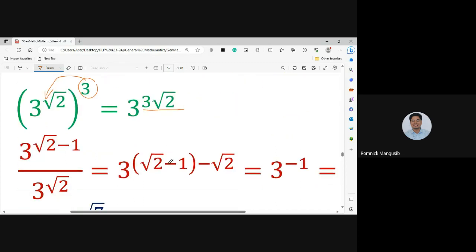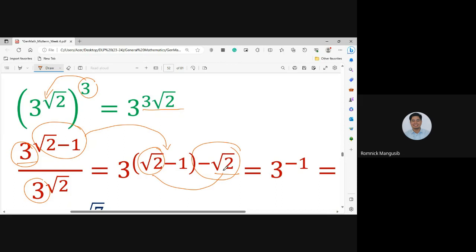Okay? O here, so kita nyo to, pareho sila ng base na 3, di ba? Gagamitin mo ang division. That is why kinuha mo yung exponent ng numerator, ito siya, square root of 2 minus 2. Ni-minus mo sa exponent ng denominator which is square root of 2. O like terms ito, square root of 2 at saka negative square root of 2 are like terms, kaya naging 0 na yan.